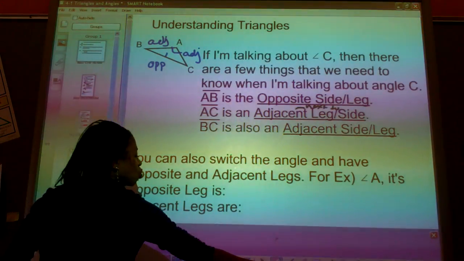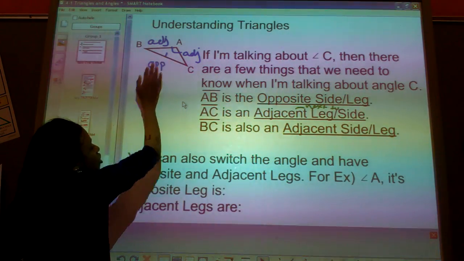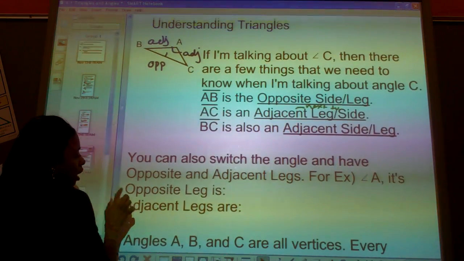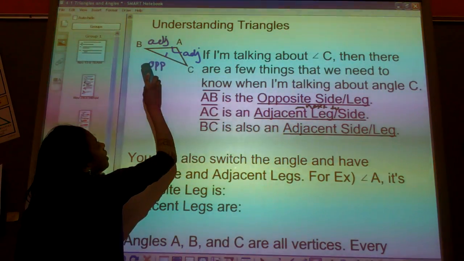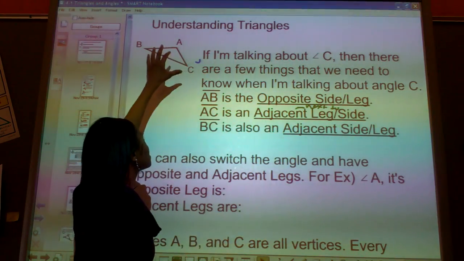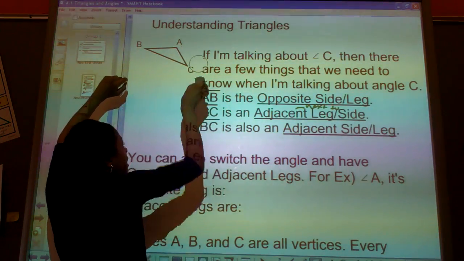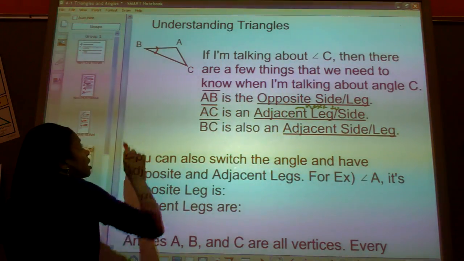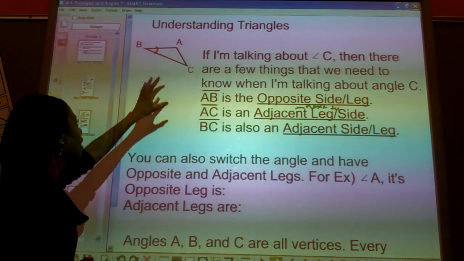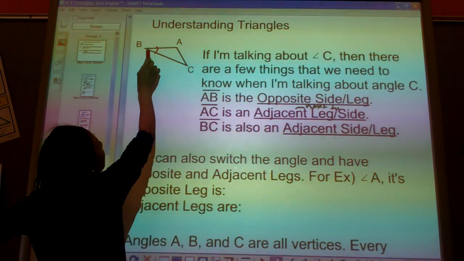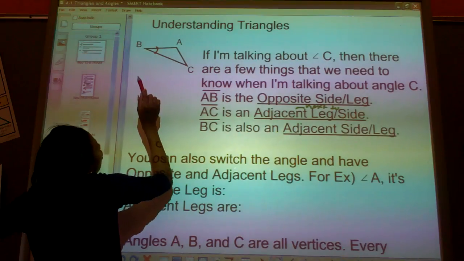You can still switch this further, and as I'm erasing this triangle, you should redraw. Okay? I can erase this again and now talk about angle B. I'm still talking about the same triangle, ABC, but now I want to talk about it in reference to angle B. If somebody's talking about angle B, what is the opposite leg from angle B?